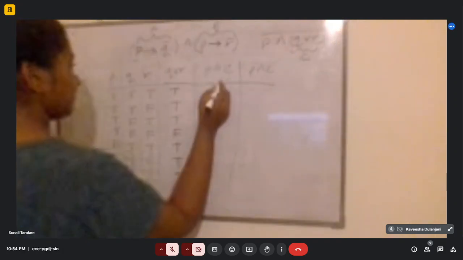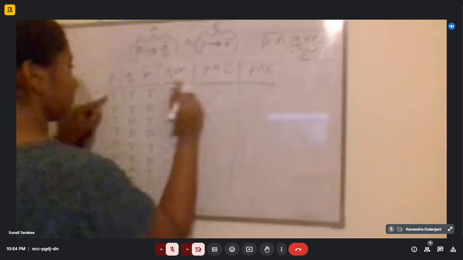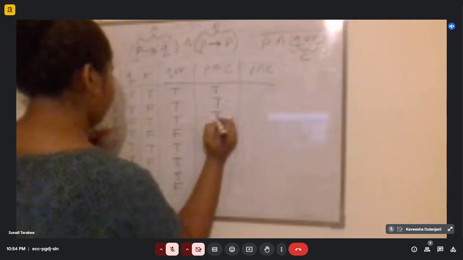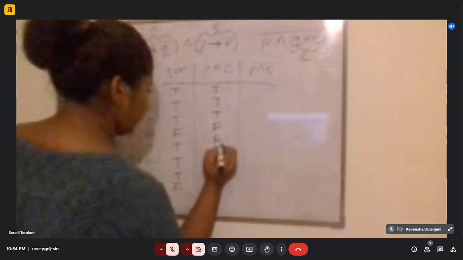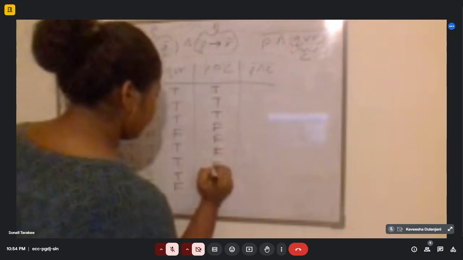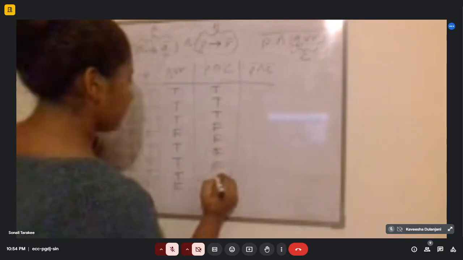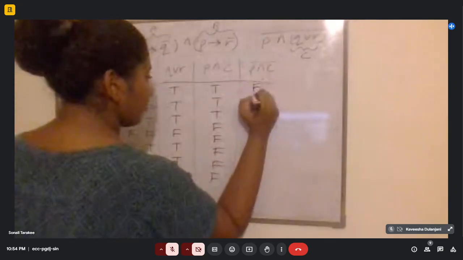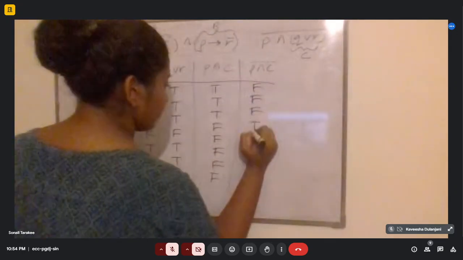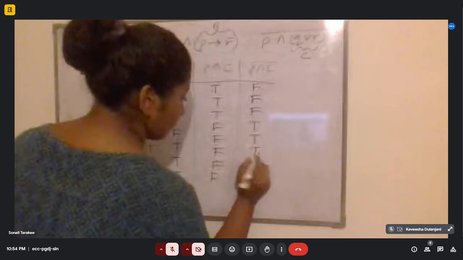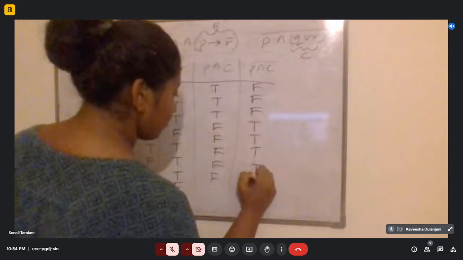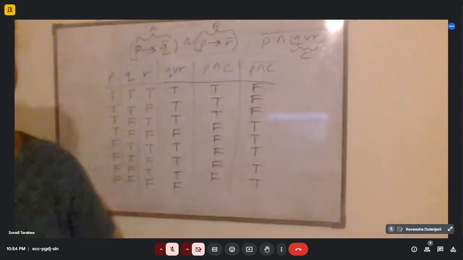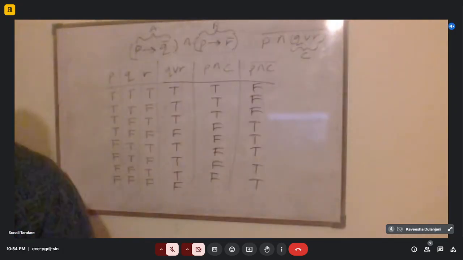Here P and C. That means this one and this one. True, true, true, false, false, false, false. Other side. So false, false, true, true, true, and true. Here also, the first three are false. So both of them are logically equivalent.